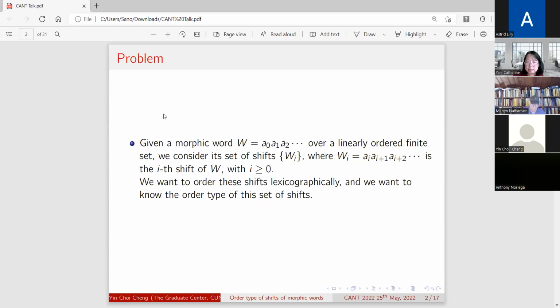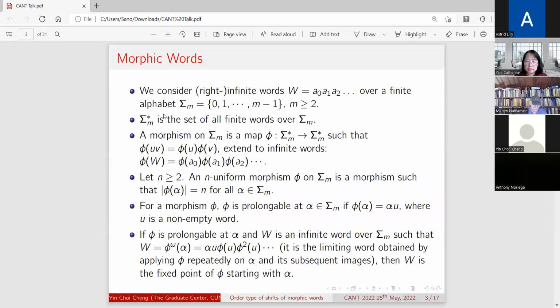But first, let's define some of the relevant terms that we've seen here. In this talk, we're going to consider right infinite words over a finite alphabet, which is denoted by sigma sub m. This is the set of integers from 0 to m-1, where m is greater than or equal to 2.